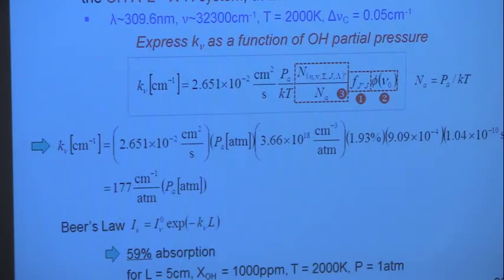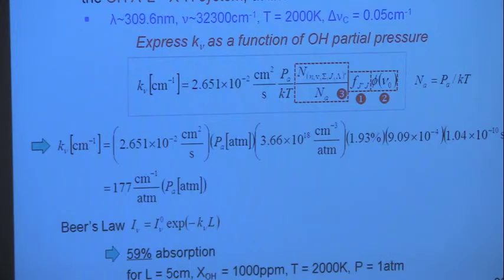So that's what you want to look at. Gee, I could measure at 2,000 degrees, 1 atmosphere, path length of 5 centimeters, 2 inches. I would get 59% absorption at the center of the line if I had 1,000 ppm of OH. So that's really what you'd like to be able to do: plan and execute an experiment to measure OH by absorption. The assumption is that it's uniform along that line of sight. It's never exactly true.